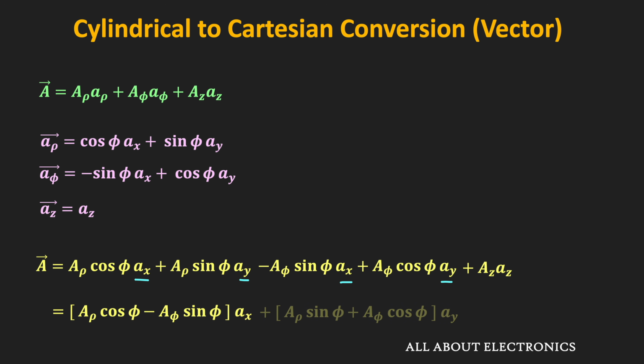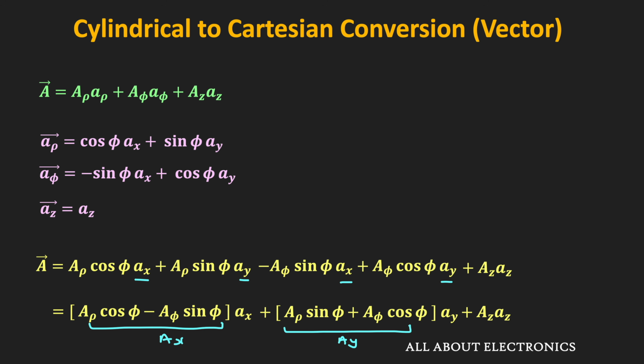So if we do so, then we will get this a rho times sin phi plus a phi times cos phi. And likewise, the last term will be equal to az. So now, if we compare this expression with the Cartesian vector, then the first term corresponds to ax. Likewise, the second term corresponds to ay, and the last term will be equal to az.